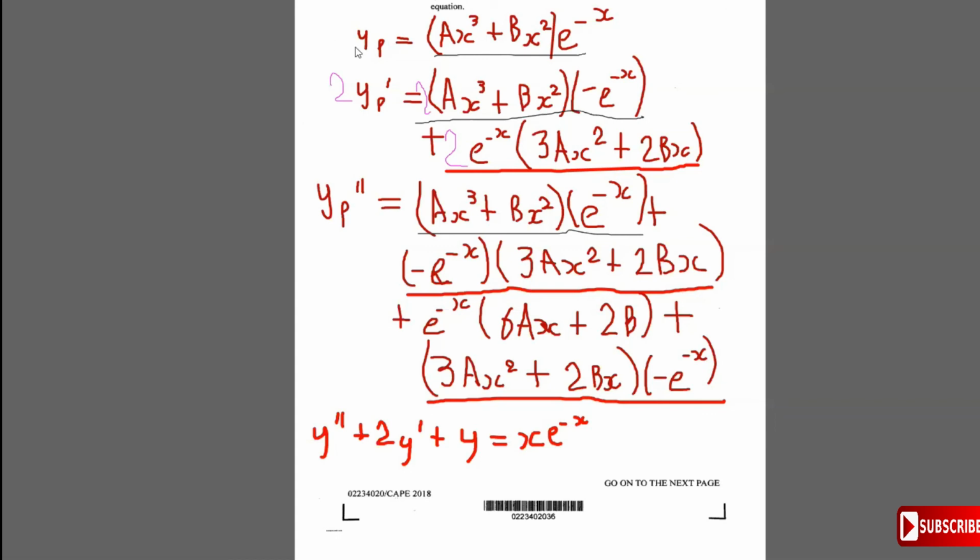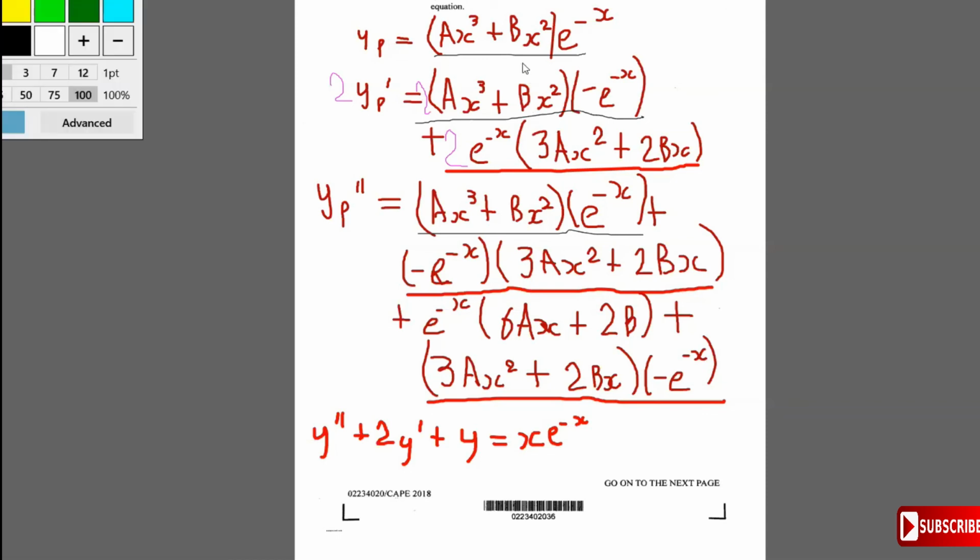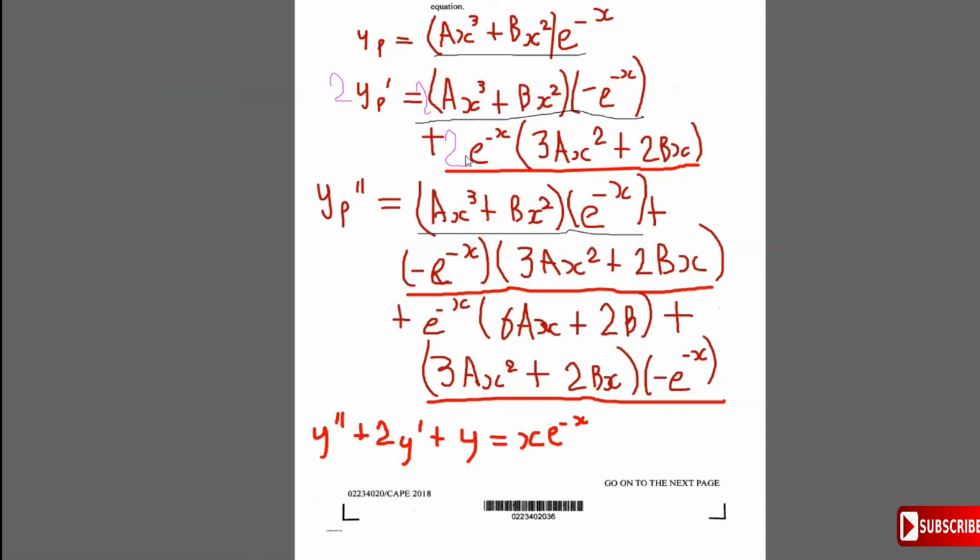That part becomes 0, so what am I left with? We're nice now, because we're just left back with this part.